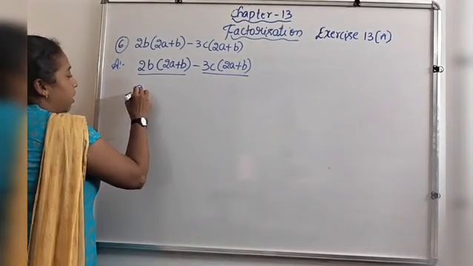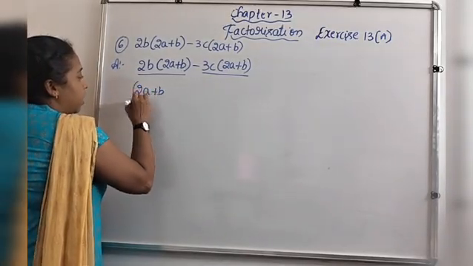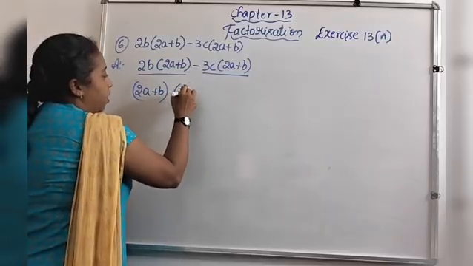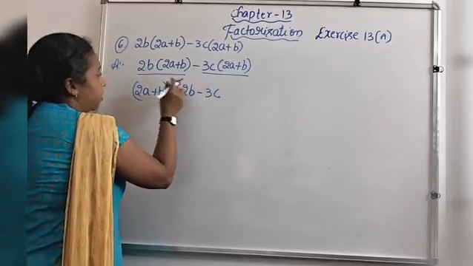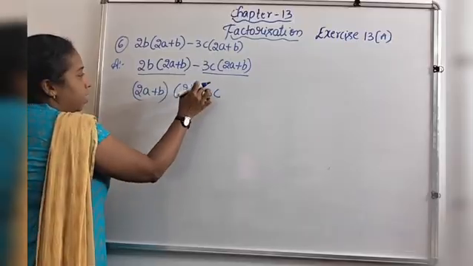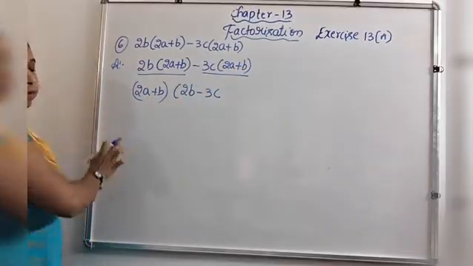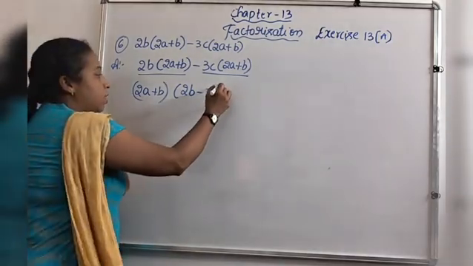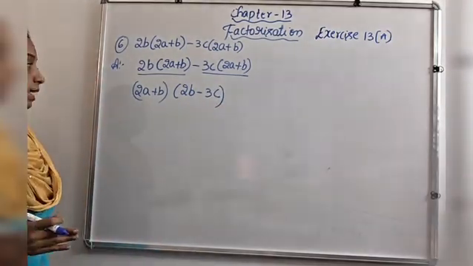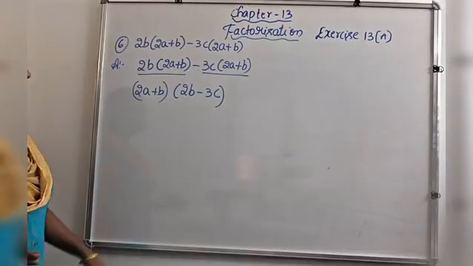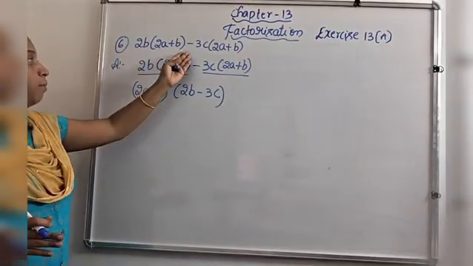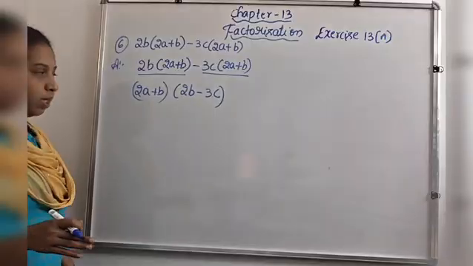So take out 2a plus b as a common factor, and remaining will be 2b minus 3c. Why? Because 2a plus b and this 2a plus b are taken common, and close the bracket, and these are the common factors of 2b into 2a plus b minus 3c into 2a plus b, right?